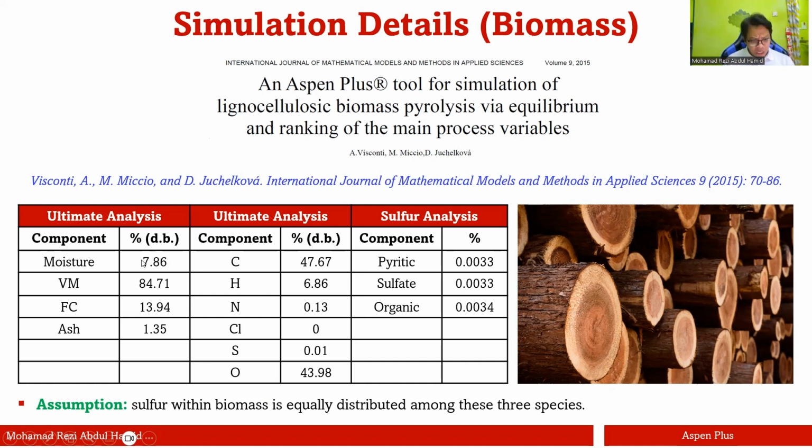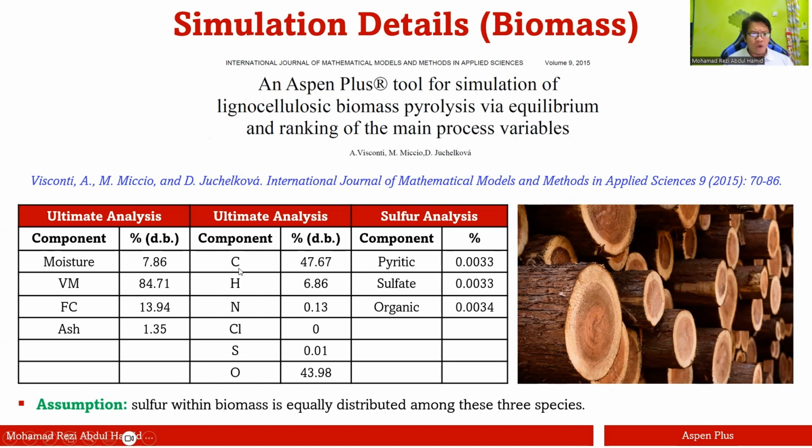And then you also have moisture. Volatile matter plus fixed carbon plus ash equals 100, so those are dry basis. Moisture here is 7.86. When you add all of these four, it's going to be 107.86.